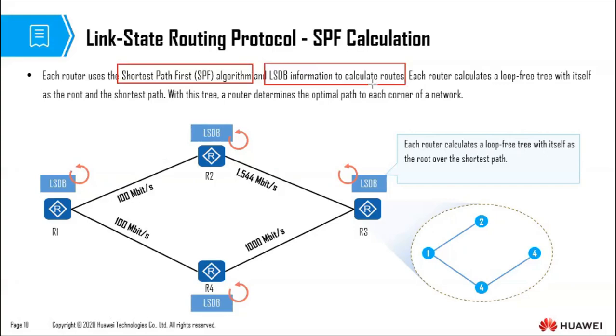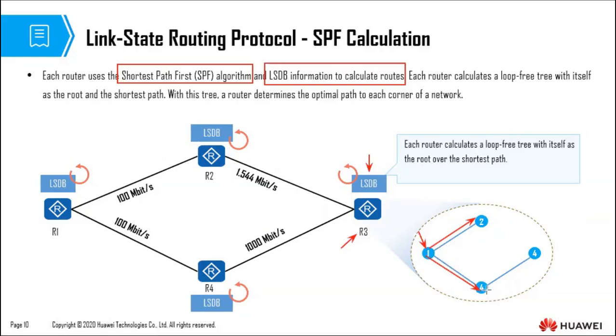But at this particular level, all you need to understand, for example, is that R3 will use its LSDB to, number one, select itself as the root. Then find out, if I need to go to router 2, this is how I'm going to go there. If I need to go to router 4, this is how I need to go.